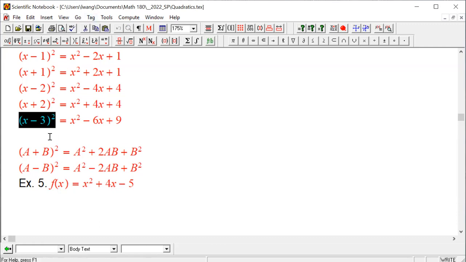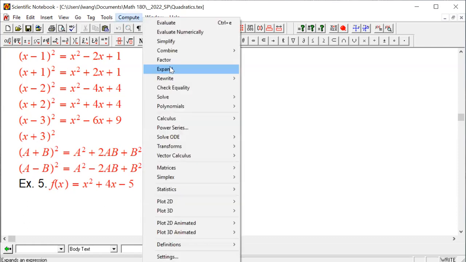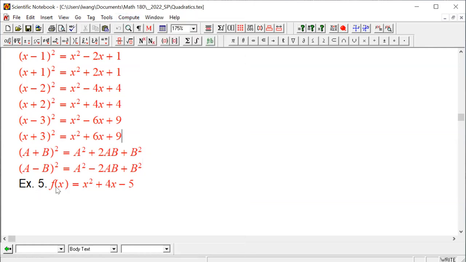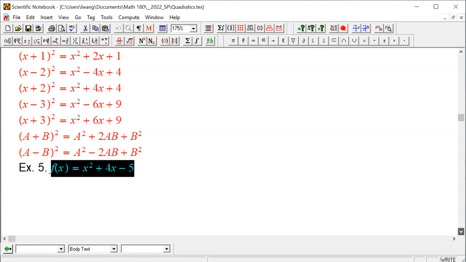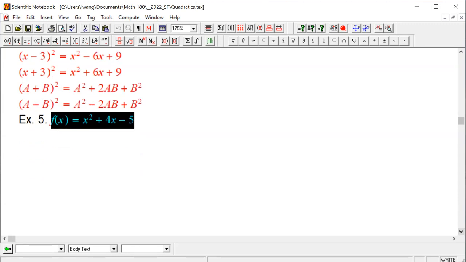Okay, in this case, you recognize it right away. Now we're going to work out this case. You can see it depends on your familiarity, and familiarity counts for a lot.